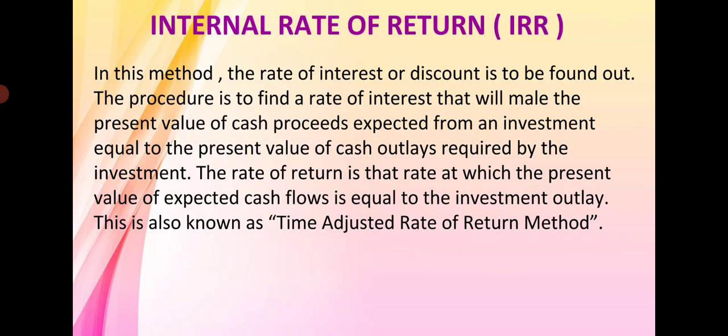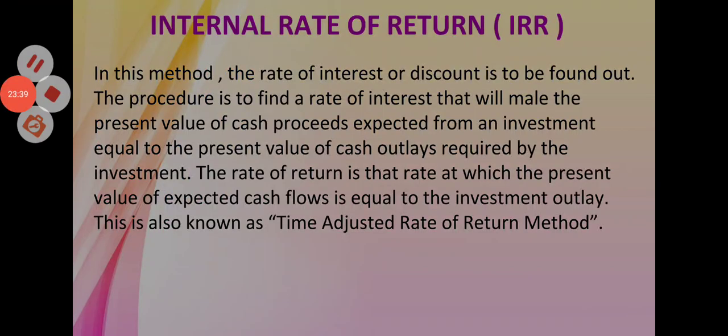Now the formula of IRR is A plus C upon C plus D, multiplied by B minus A. So through this formula we are getting the internal rate of return.